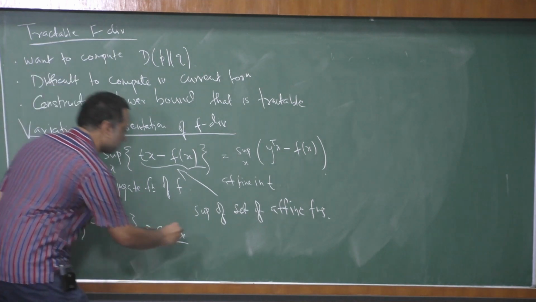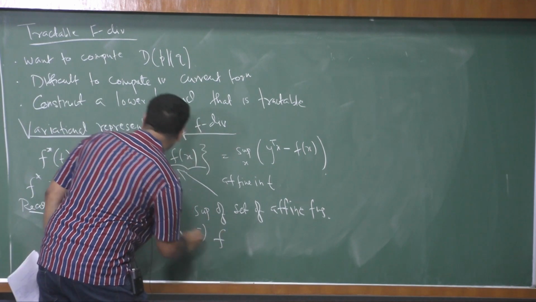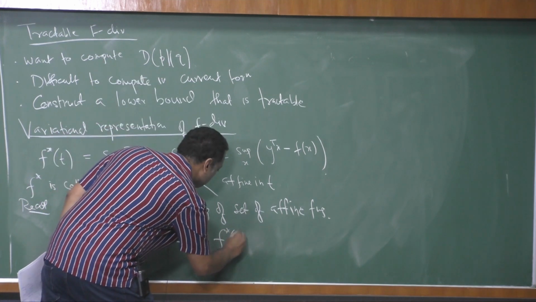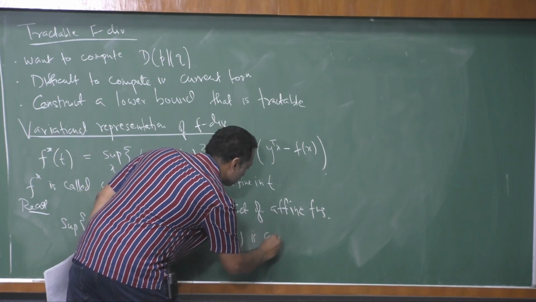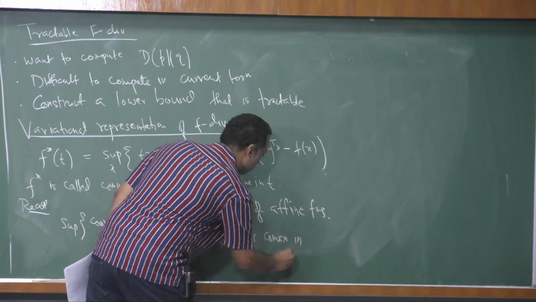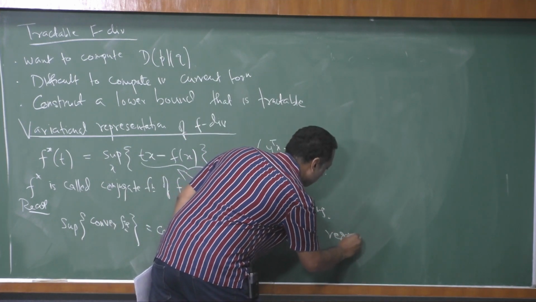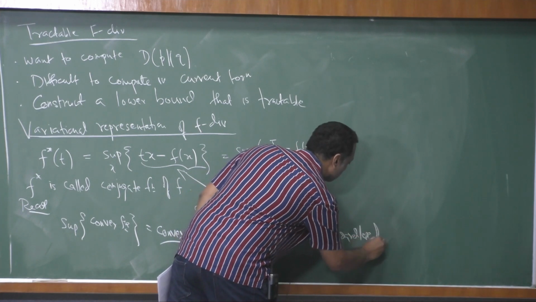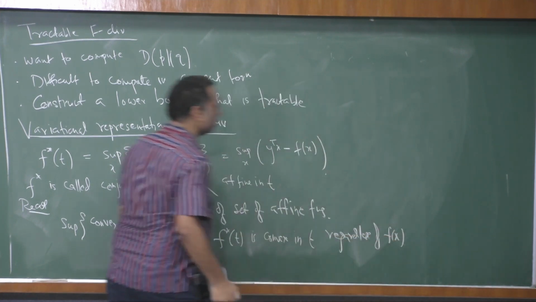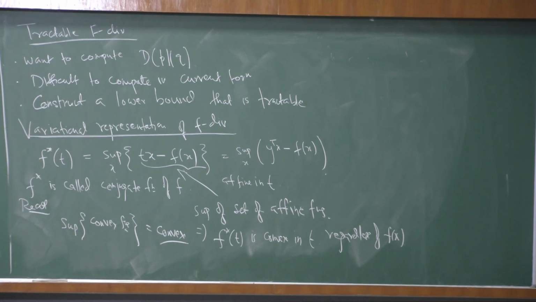So regardless of what f was, f star(t) is convex in t. f(x) may not be convex, but f star is always convex as a function of t.